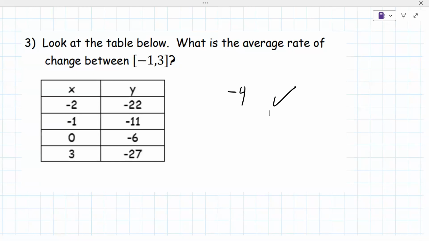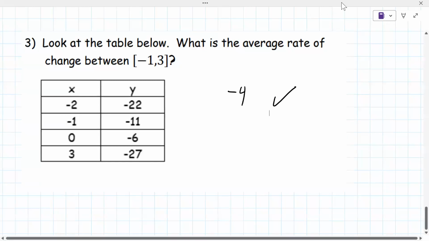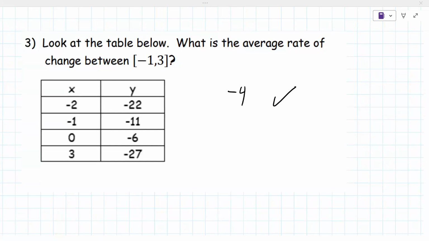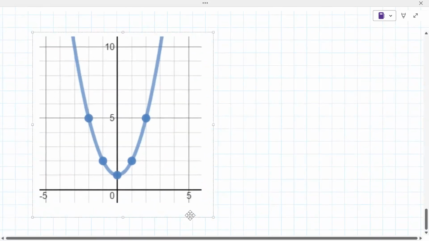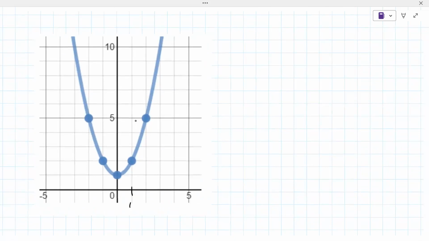Now it's also possible to get the rate of change from a graph. And this will be the last type of problem we look at before switching topics. These are going by 1 on the bottom here, same at the top.